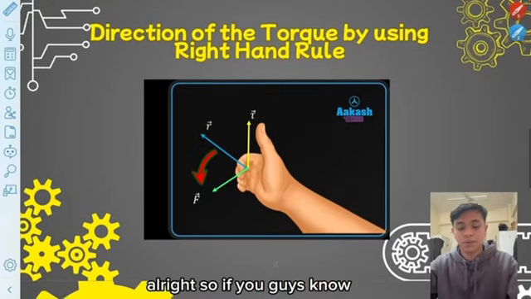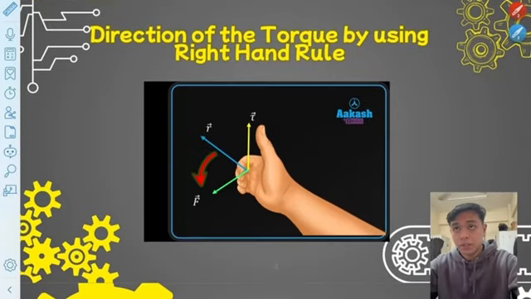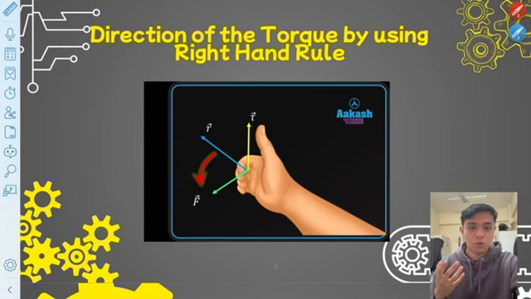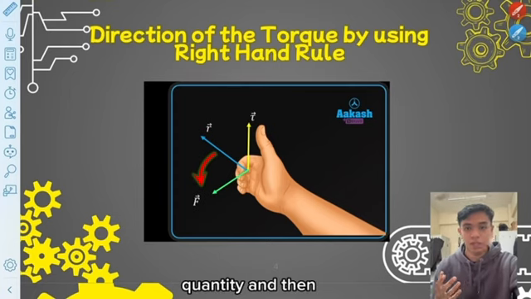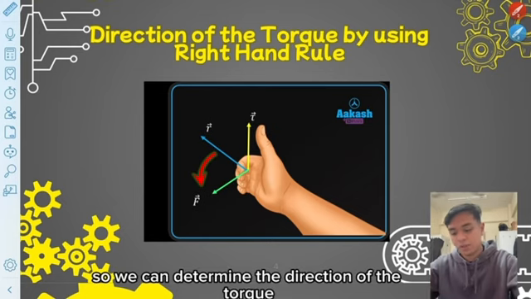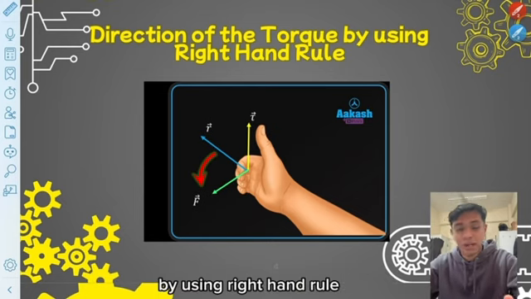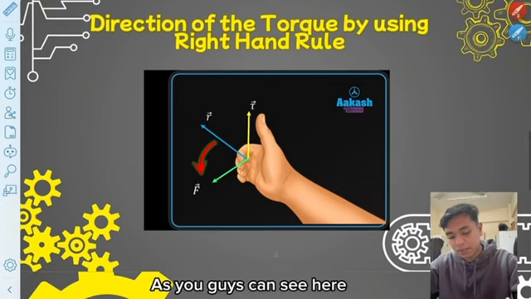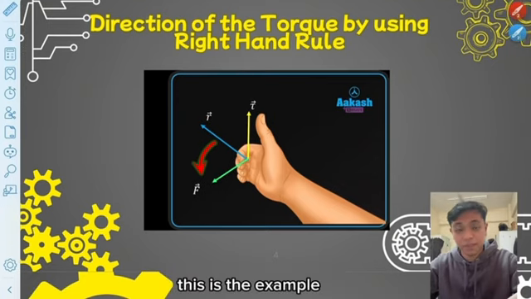If you know, torque is a vector quantity, so torque must have a direction. We can determine the direction of the torque by using the right hand rule. As you can see here, this is the example.